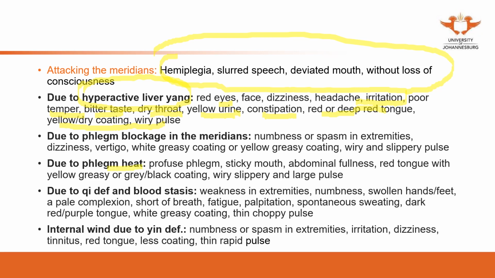Phlegm heat is very similar: profuse phlegm, sticky mouth due to phlegm, abdominal fullness due to phlegm, red tongue due to heat, yellow greasy coating due to heat and phlegm, slippery pulse due to phlegm.